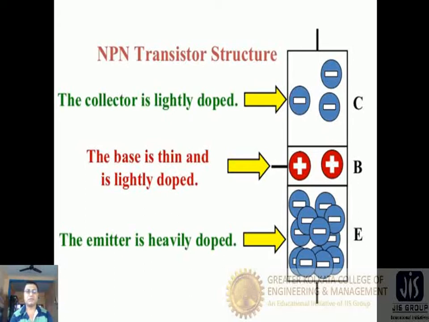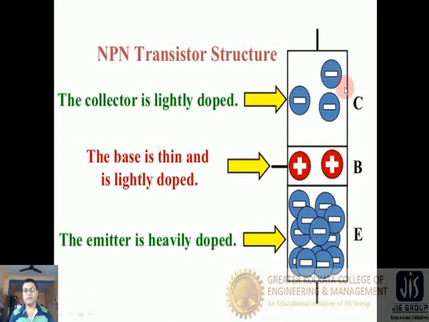Here we can see a structure of NPN transistor, where N means the emitter is highly doped. So here we can find lots of free electrons in the emitter. Base is lightly doped and it is a p-type material, so we can see free holes as carriers.